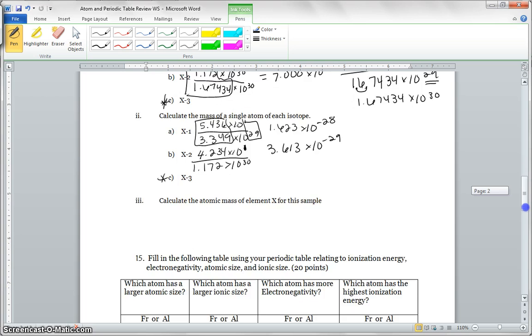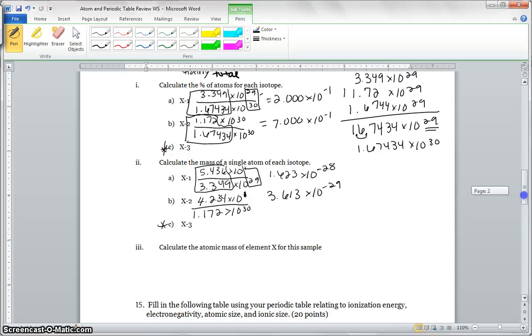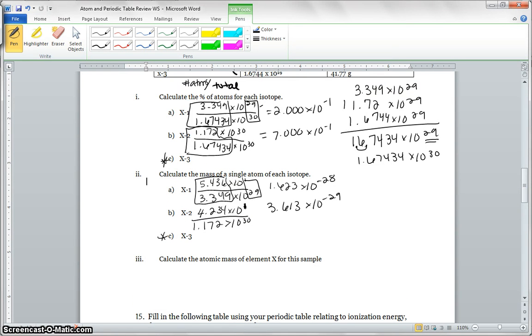And then the last step of this problem is to calculate it for each isotope. We're going to take this number, multiply it by this number, and get an answer, and then add them all together.